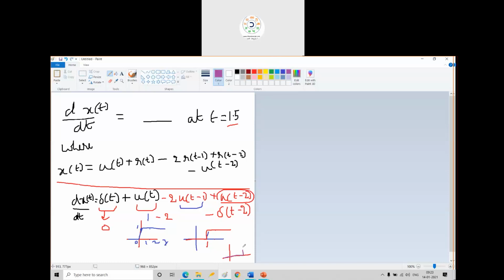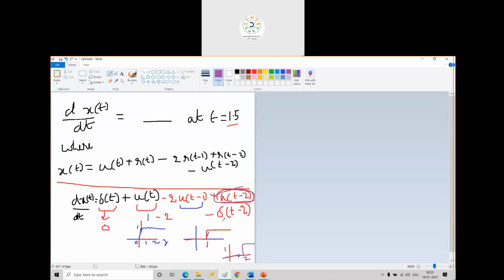At 2 it jumps to height 1 and then remains at height 1. This happens at 2, but I want the value at 1.5. So at 1.5 the value will be 0 only, so the contribution of this term will be 0.